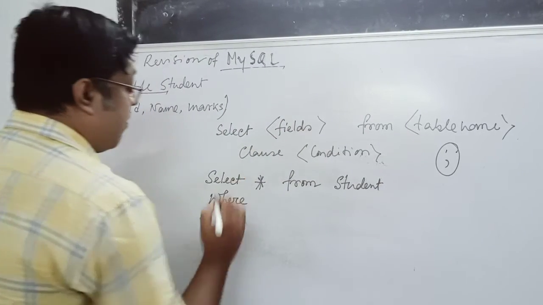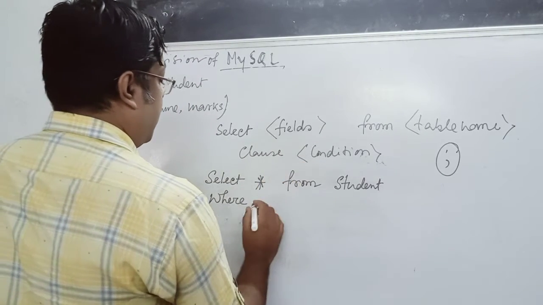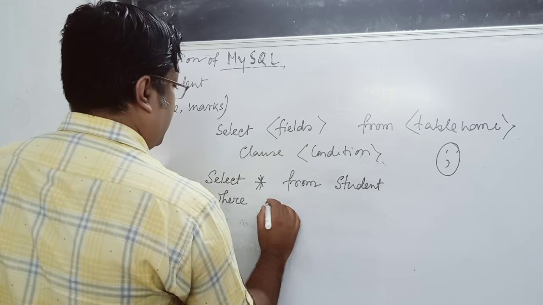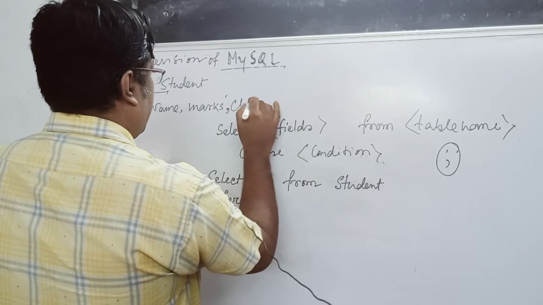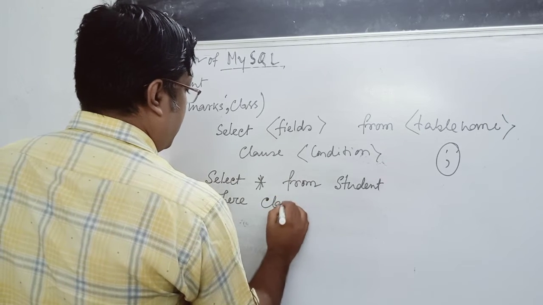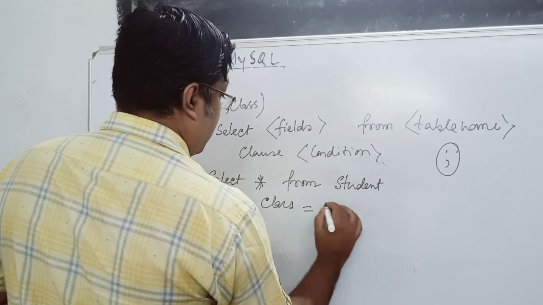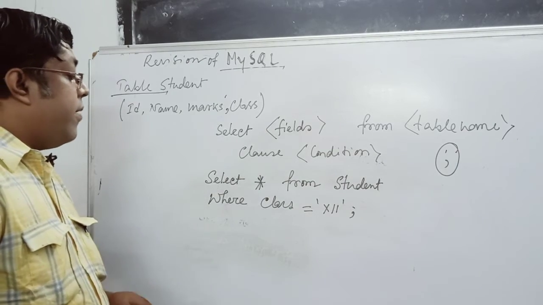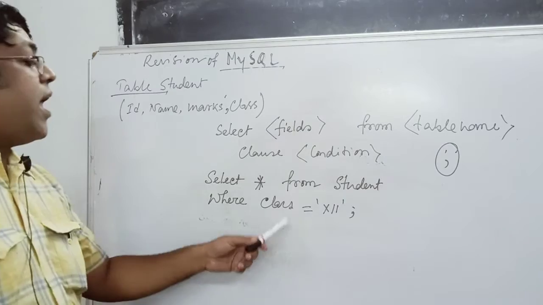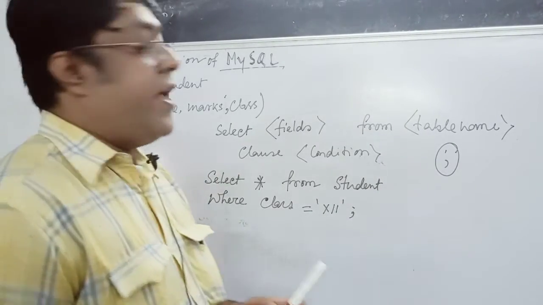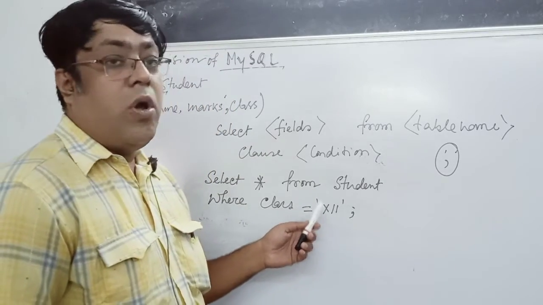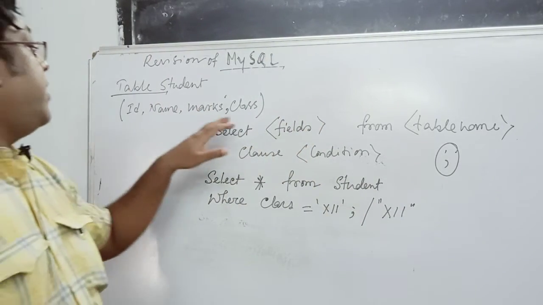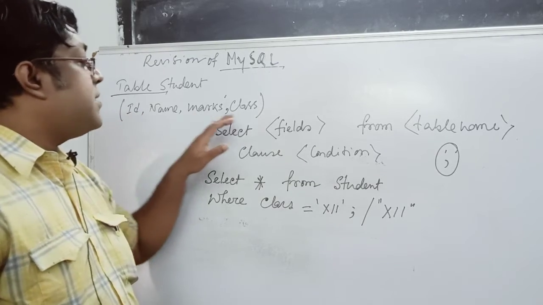WHERE. We have to use SELECT * FROM student WHERE class = 12. 12 is treated as a character here, that's why we use single quotes, or we can use double quotes. Let's increase our table: name, ID, name, marks and class.